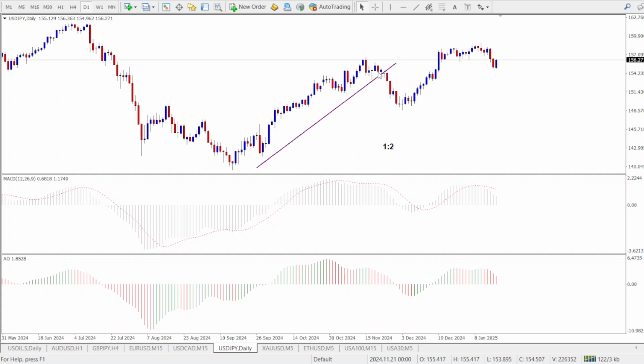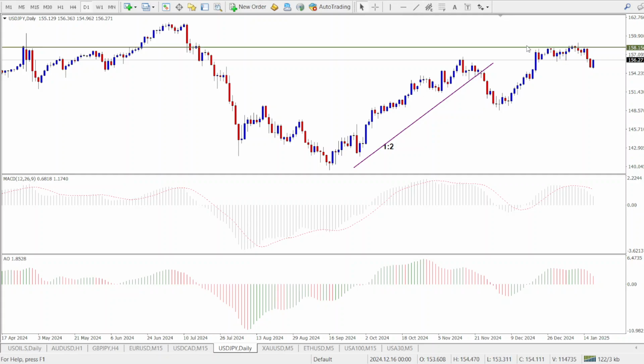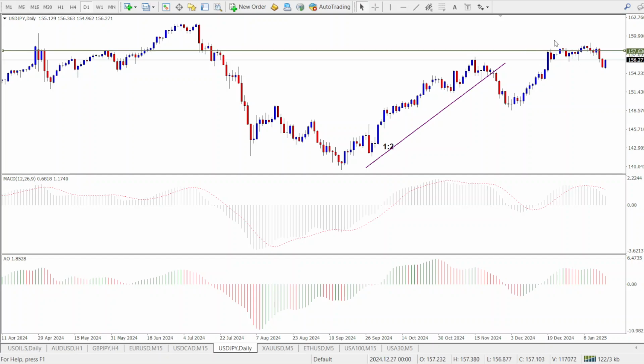Now, here are some tips to refine your approach. Use the MACD and Awesome Oscillator in conjunction with support and resistance levels to filter out false signals. Basically, resistance levels are areas above price where you have rejection, when the price is being rejected from moving further upwards.